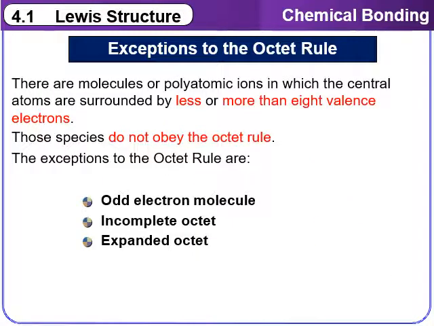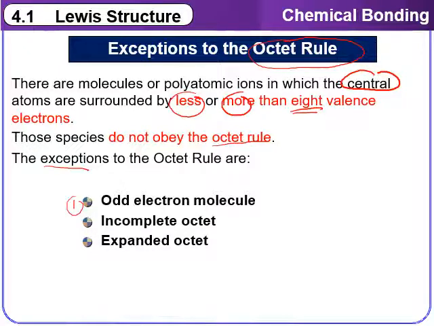If you notice, for the 6 Lewis structures that you drew, none of them follow the octet rule, meaning the central atom is surrounded by fewer or more than 8 valence electrons. So we consider that they do not obey the octet rule. There are 3 types of exception. The first one is known as odd electron molecule.